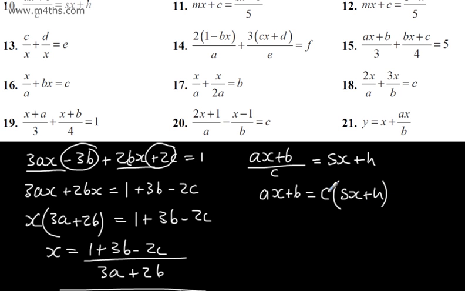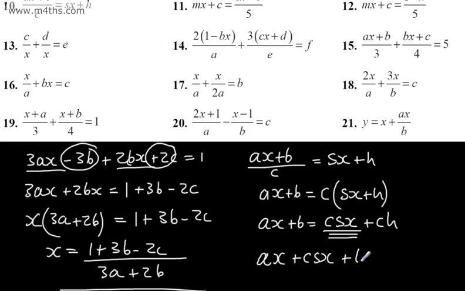I need at this stage to expand the bracket. I want to get the x's over here. So ax plus b will be equal to csx plus ch. At this stage, I can subtract the csx from both sides and subtract the b. On the left-hand side, I'm going to have ax plus csx plus the b, and I'll do it step by step, is equal to ch.